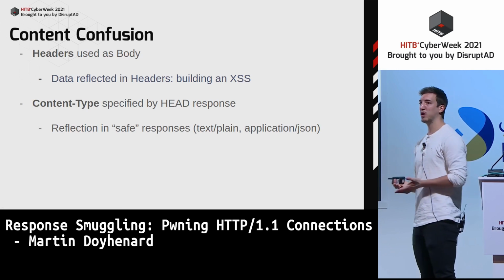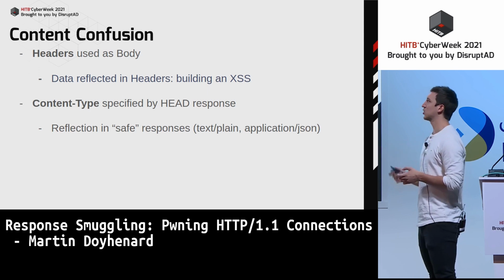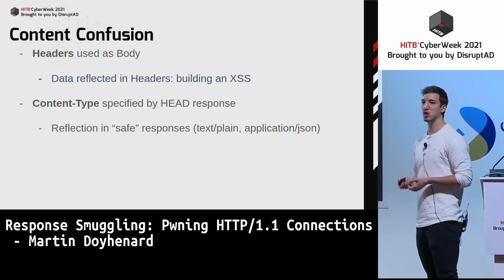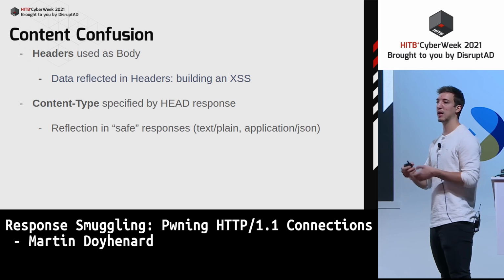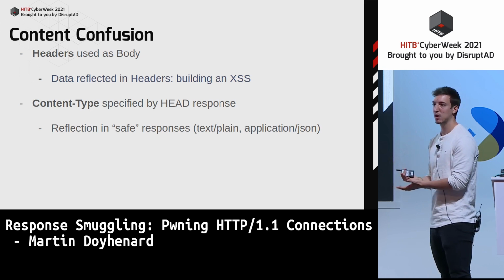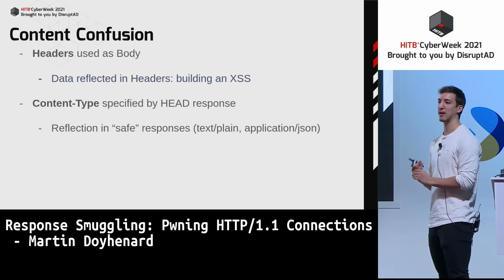Now, what can we do with this? Well, we can build new payloads using headers and bodies. So the headers will be set using the head request, and the body will be set using the next response, which in this case will also use the headers of this response as part of the body.